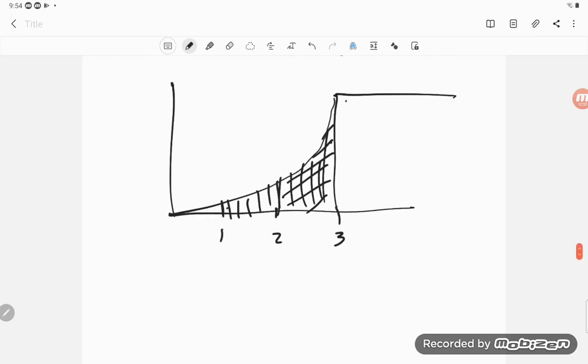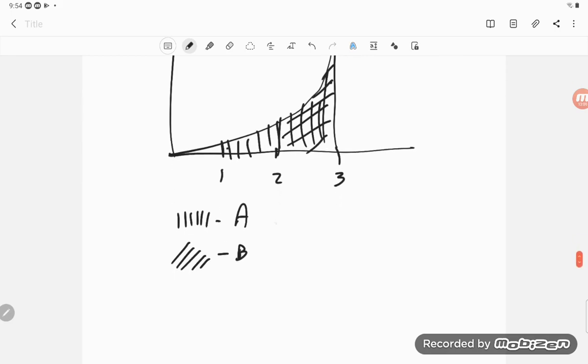And in that particular picture, if this area is, say, area A, and the diagonal area is area B, then what I want is the ratio of B divided by A, and that's exactly what we did.